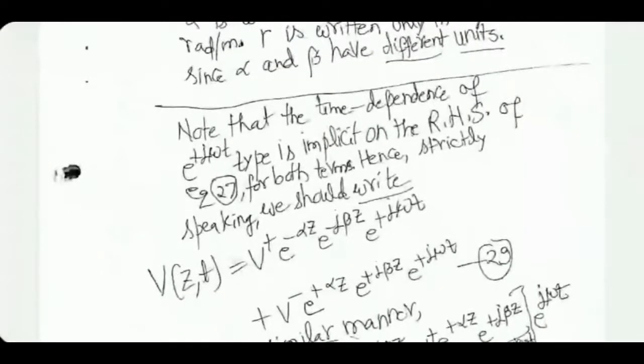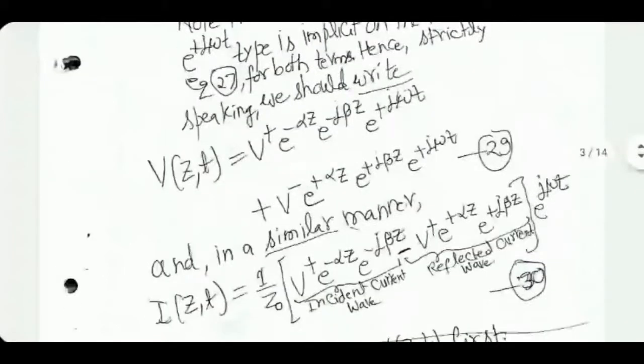That is actually the signal. We don't write t dependence generally, that's it. And similarly for current also. You can write e to the power j omega t either outside the parenthesis or within the parenthesis. Both ways you are okay.